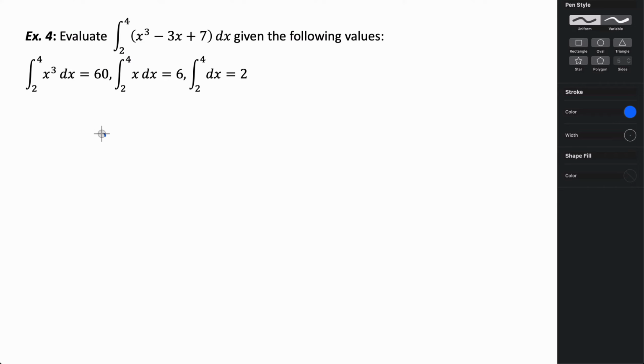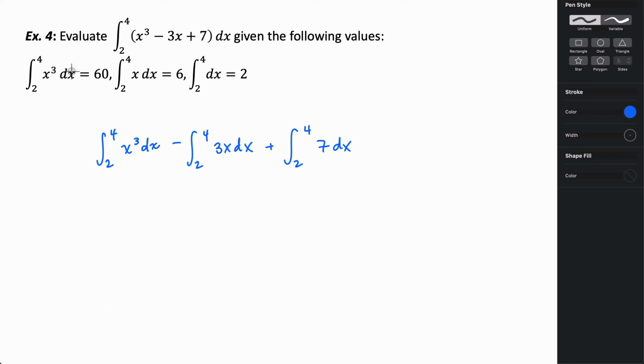So we can say that this is equal to the integral from 2 to 4 of x cubed dx, minus the integral from 2 to 4 of 3x dx, and then plus the integral from 2 to 4 of 7 dx.